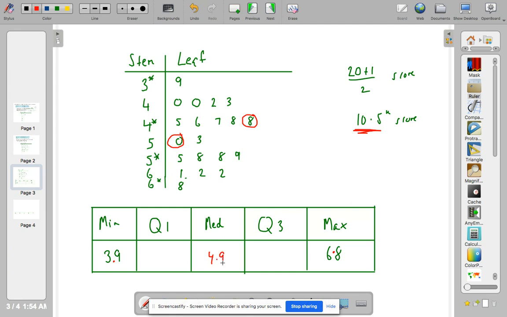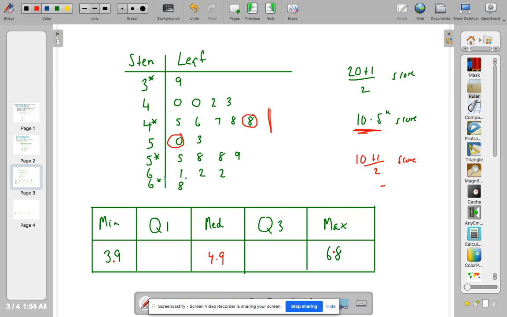All right, now I'm going to find the 2 quartiles. Because I've got an even number of things, I'm going to draw a little line between the halves. So I've got my lower half over here and my upper half here. In my lower half, I've got 10, so my formula again, 10 plus 1 over 2 score.